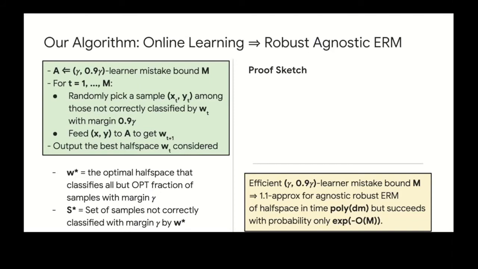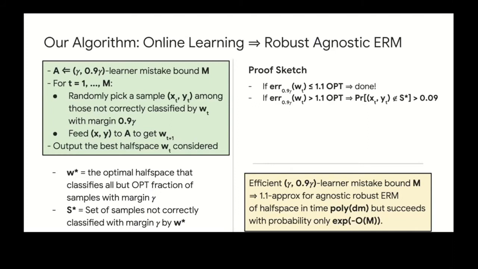Okay, so how do we prove this? First of all, if at any point in our run the 0.9 gamma margin error of WT is less than or equal to 1.1 opt, we are completely done. That's just by definition. Now, if this error is larger than 1.1 opt, what does this mean?